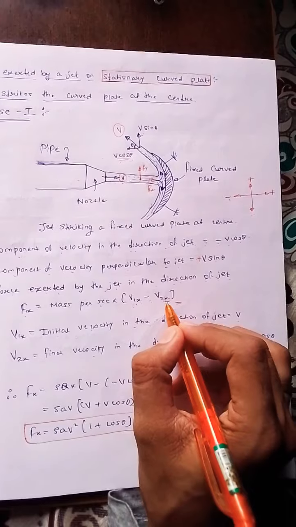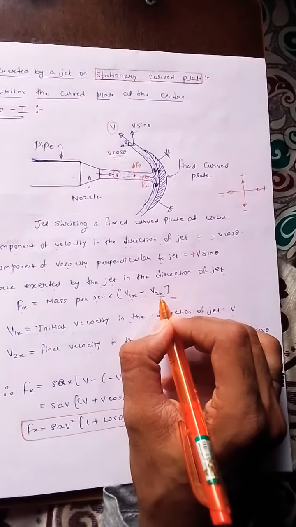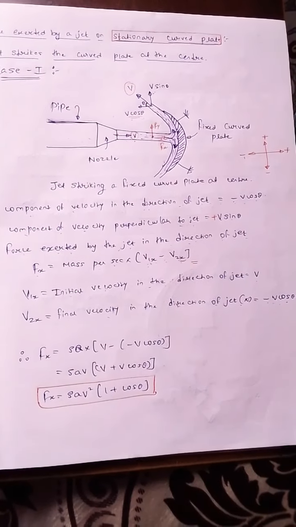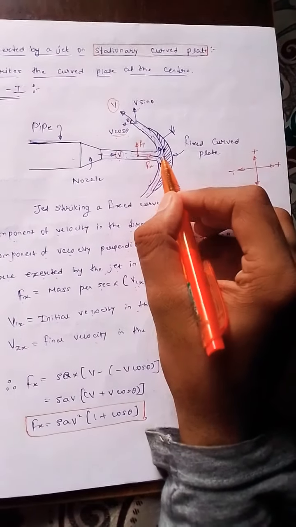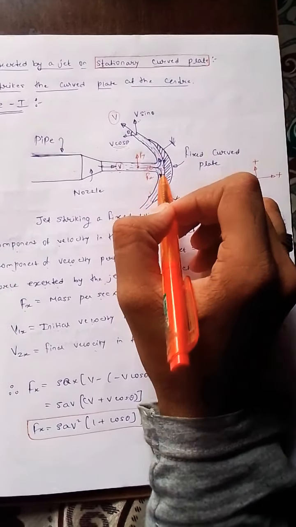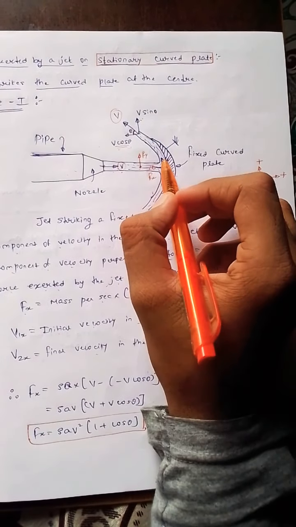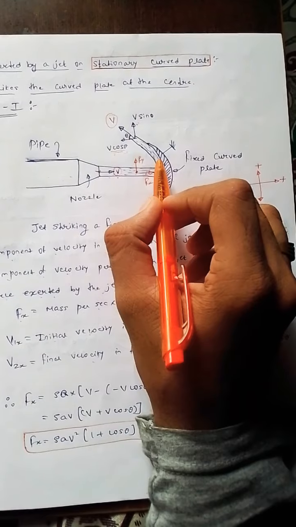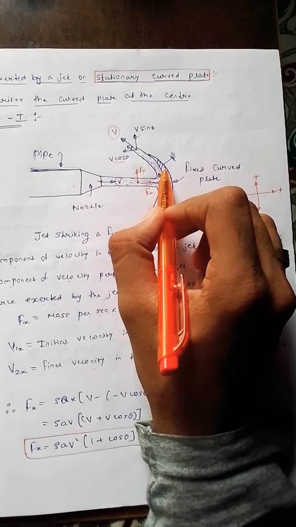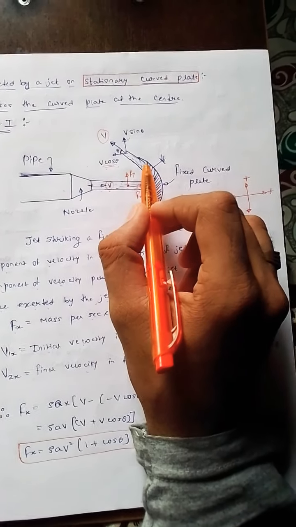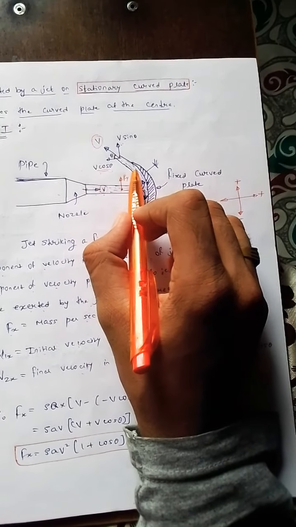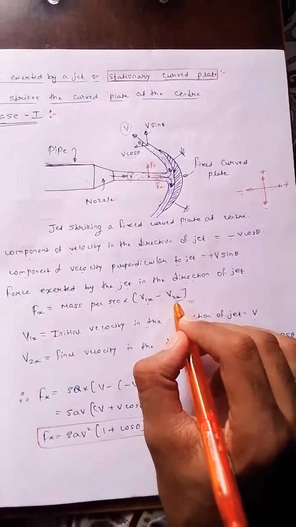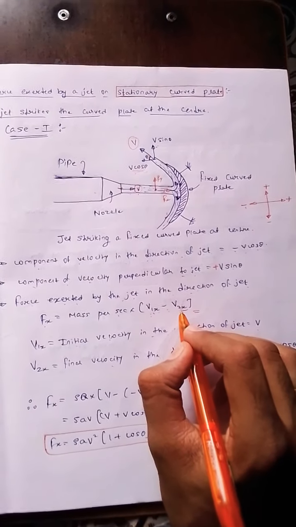If we are considering x here, it would not be 0, because since it is a curved surface, the water will be going in the x direction after the water loses contact from the plate, correct? So there will be velocity. So v2x exists, so it will not be 0, correct?